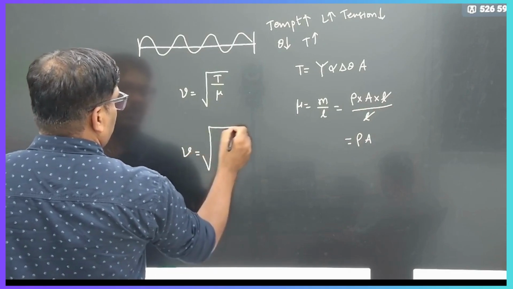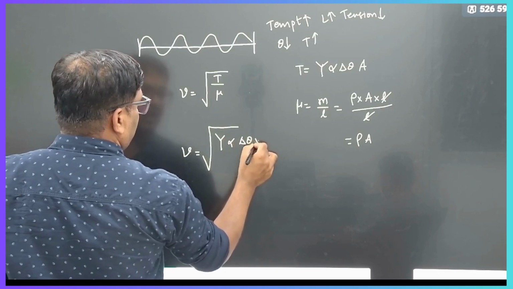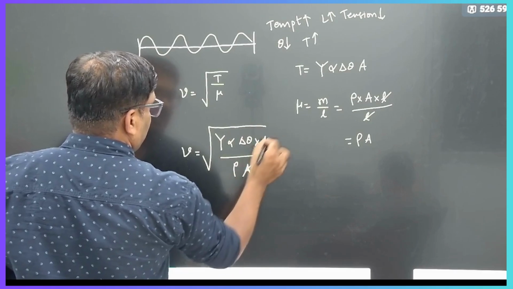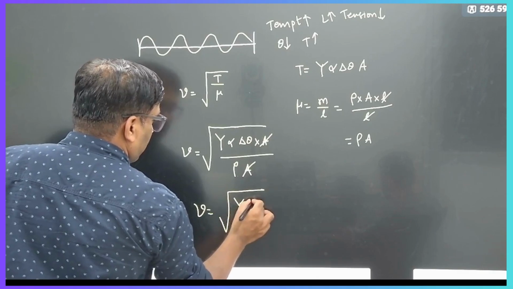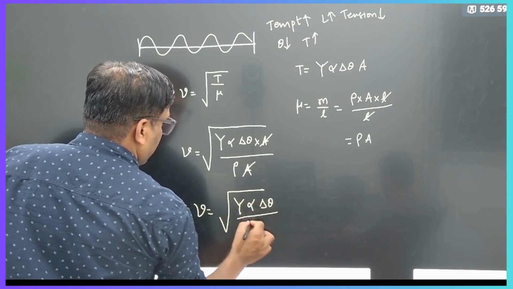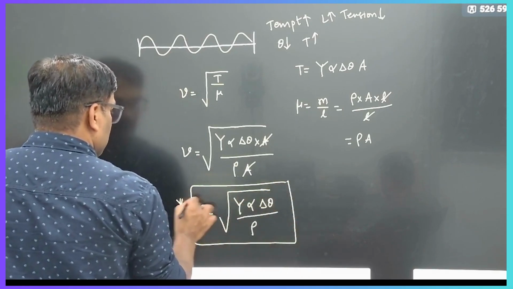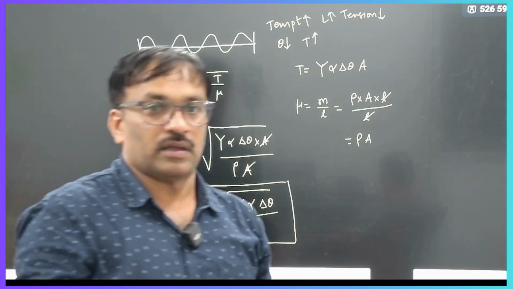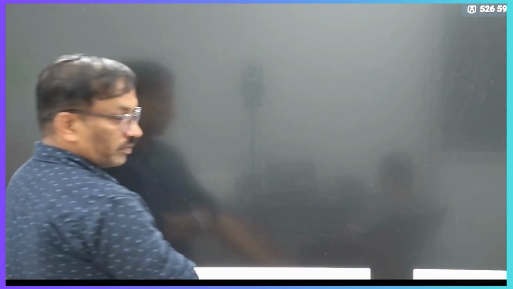Velocity will be equal to root of tension, Y alpha into delta theta into A, divided by density into A, this will get cancelled out. So velocity will be equal to root of Y alpha into delta theta by rho. This is the velocity of the transverse wave when temperature changes. Clear?